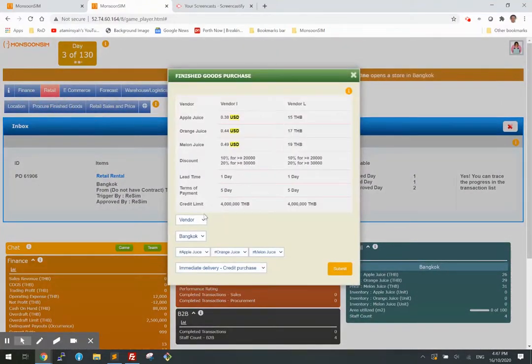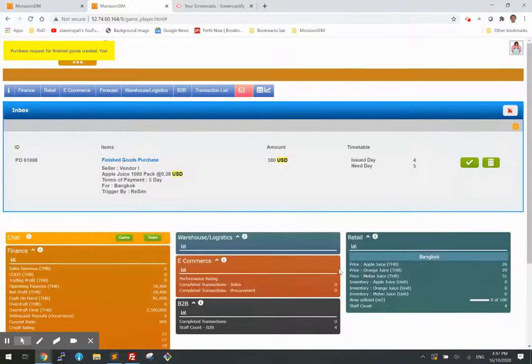Now I'm going to retail and buy finished goods to Bangkok. And I'm going to buy from importer, vendor I, 1,000 units of apple juice using credit. So there I have it, $380.